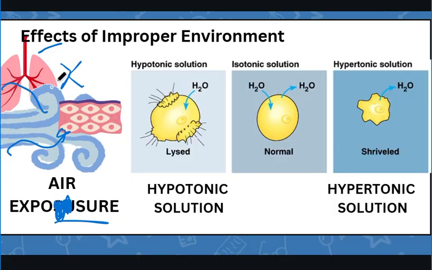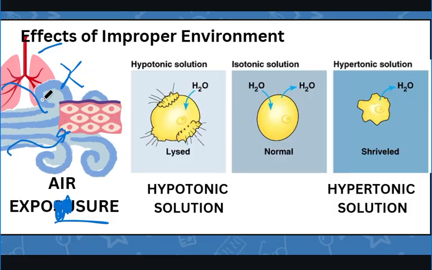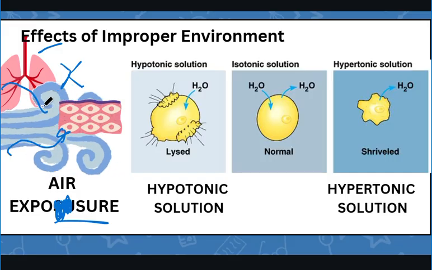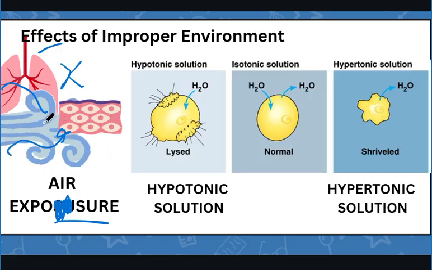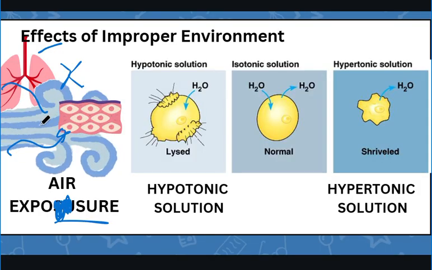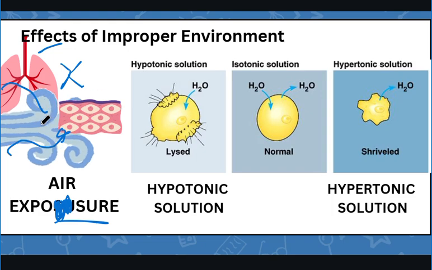That's why there will be distortion of the cells. It might evaporate, causing the cellular structures to collapse, and they will lose their normal shape, which defeats the primary function of the fixatives.